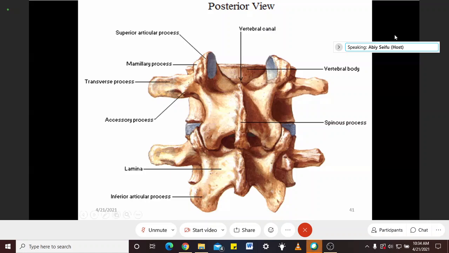So the spinous process extends from the superior parts of the lamina to the inferior parts of the lamina, which gives a rectangular appearance. Look, this one is the superior articular process, but there is a difference in the alignment of the articular facet.